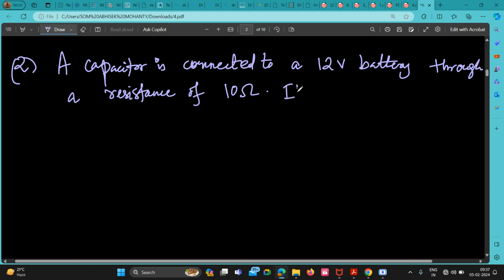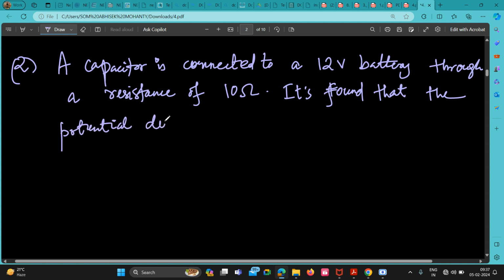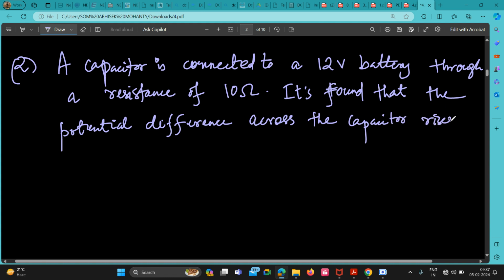It is found that the potential difference across the capacitor rises to 4 volt in 1 microsecond. Find the capacitance of the capacitor.